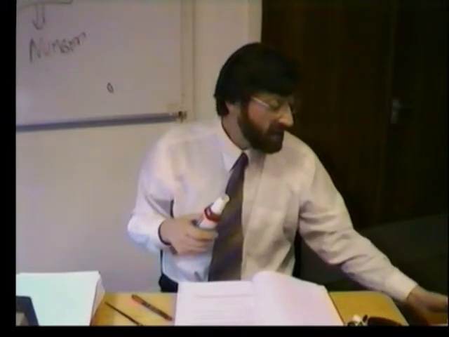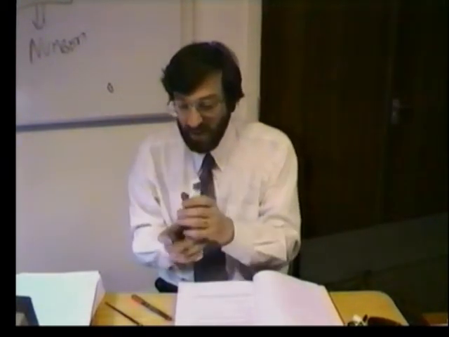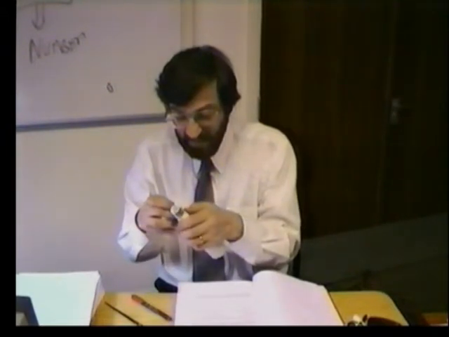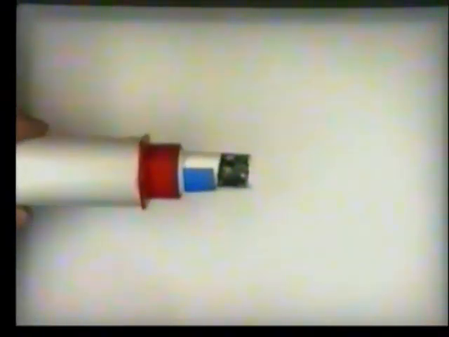Well, the solution is to put another mark on. I'll just do that. And now, if we start from rest, we've got 2 marks here, 90 degrees out of phase with each other.